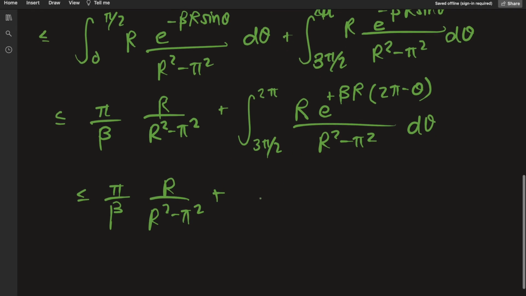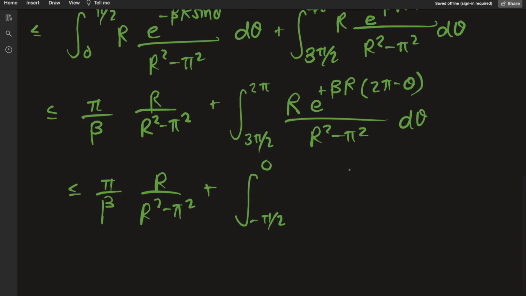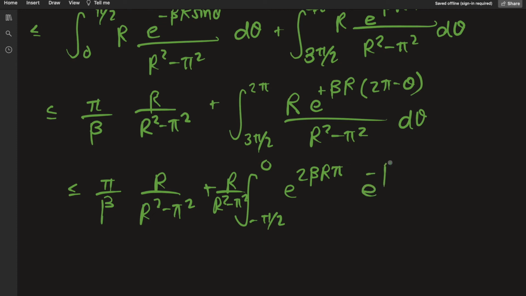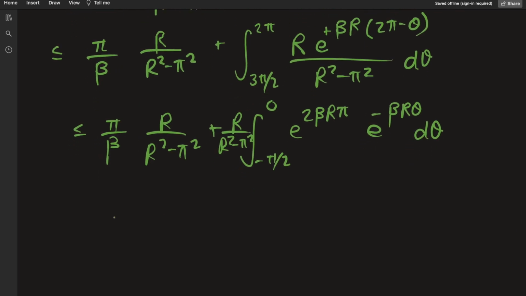We're gonna resolve this. If you want to change these back to negative pi over 2 and 0, you can do that, because r over r squared minus pi squared will come out. E raised to 2 beta r pi won't do anything. E raised to negative beta r theta d theta is what we'll be interested in.